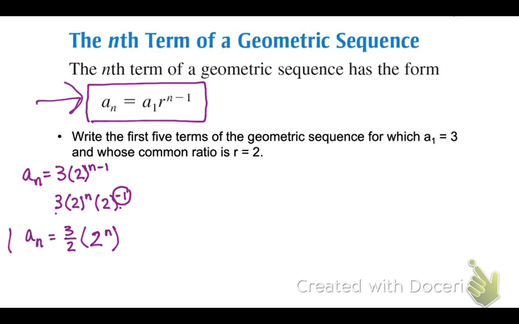Now, does this look much better when we're looking at it in terms of an equation? Yes, other than the fraction. You moved the negative 1 down. No, I moved it: 2 to the negative 1 is 1/2, and 1/2 times 3 is 3/2. Oh, so you don't worry about the 2 to the n?